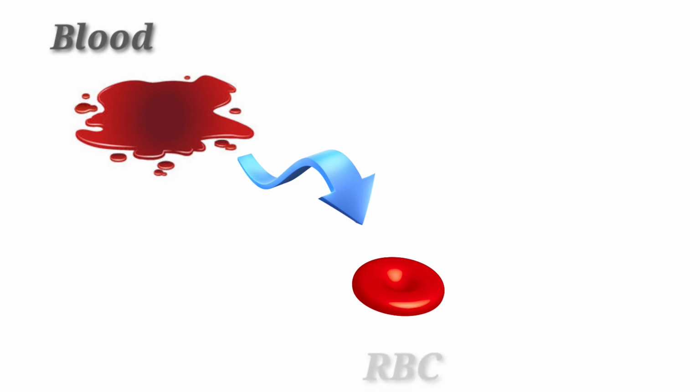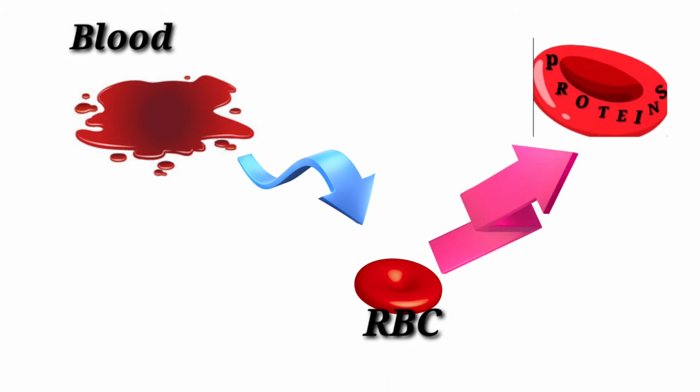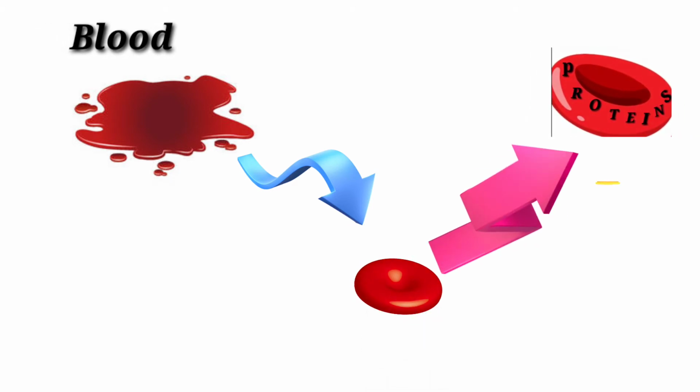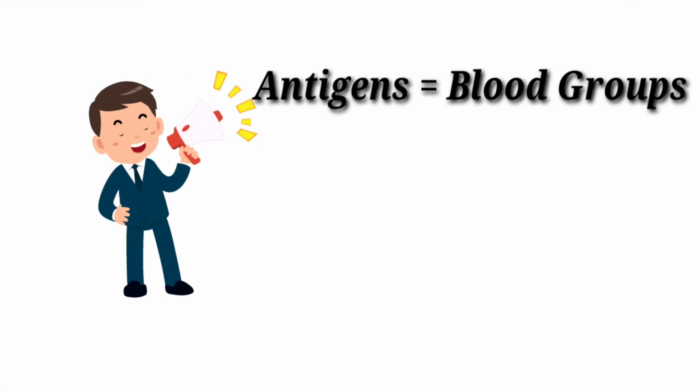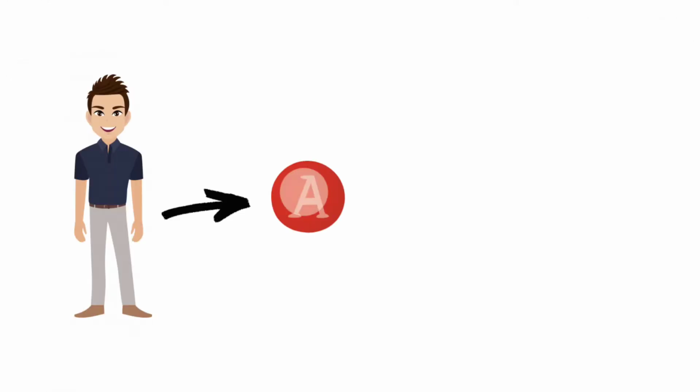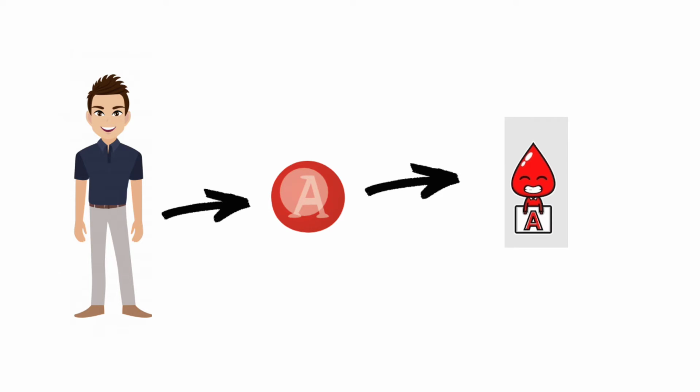As I already said, our blood has RBC. On the surface of RBC, there are some proteins. We call them antigens. These antigens define our blood group. For example, a person with blood group A has antigen A on the surface of RBC.